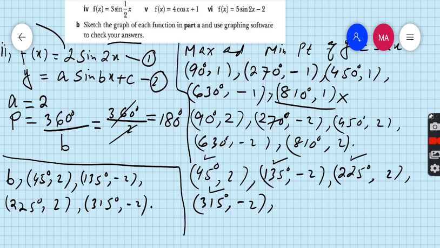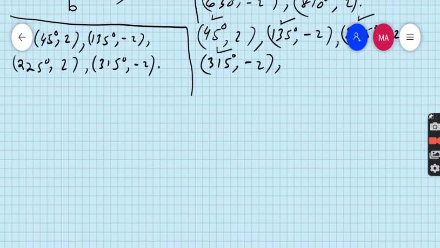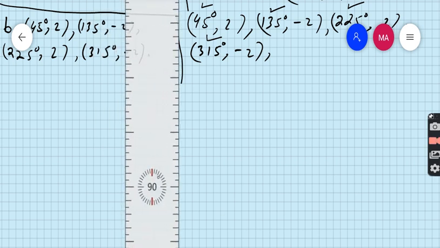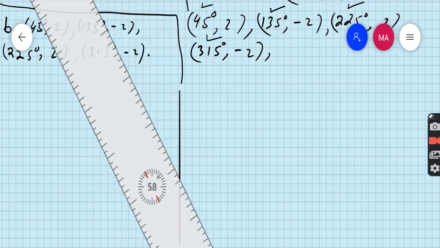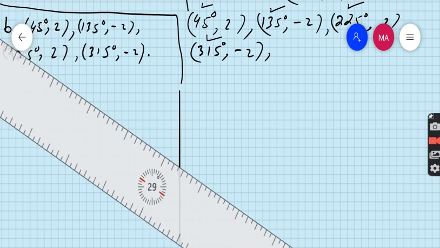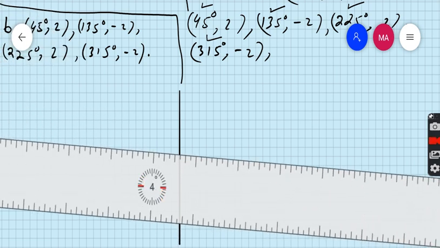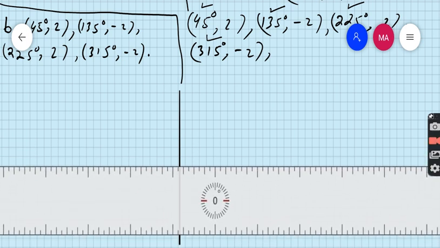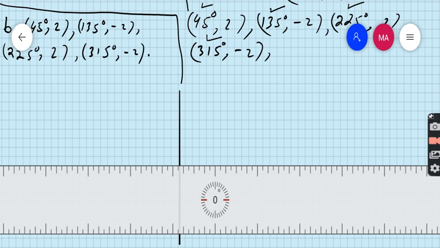Draw x and y axis. This is the y axis. And this is the x axis.